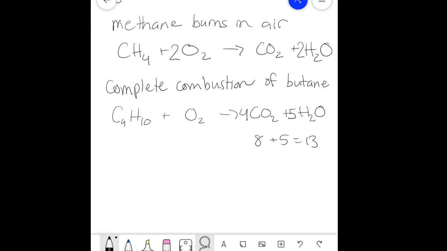So we need to fix that, and the best way to fix it is to double everything. And this is where those crazy huge numbers come from, because we're going to have 2. So now we're going to have 8 here, and then we're going to have 10 here, but now we have 16 plus 10, which gives us 26, and we have 2 oxygens over here, so half of that is going to be 13.